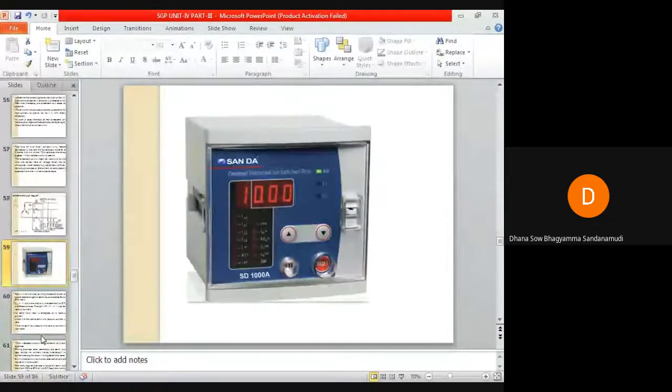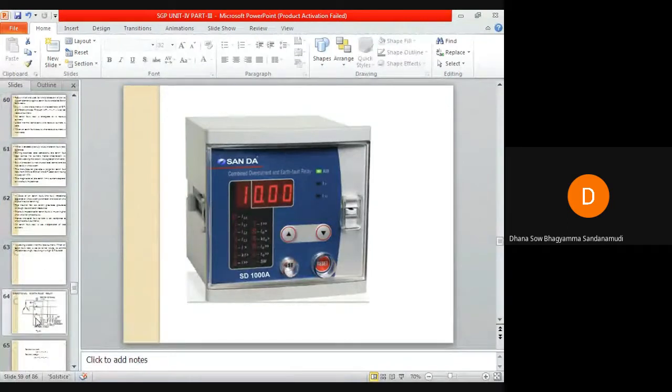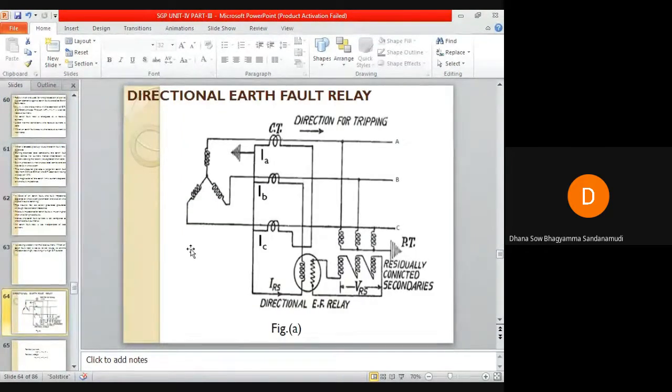So let us discuss one type of earth fault relay, that is the directional earth fault relay. I'm showing you the same image because just for example, I have taken this directional earth fault relay.